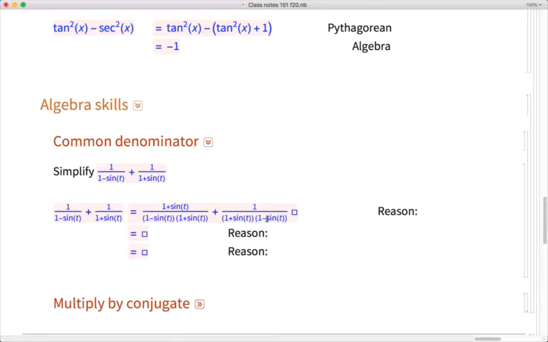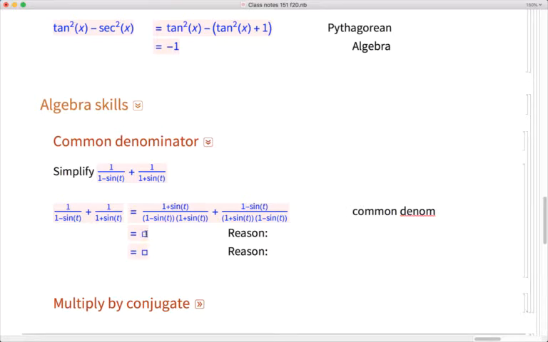Right, top and bottom. And this is the common denominator. Okay, so the denominators are equal, so now I can add the numerators together. So when I add the numerators together, I get 1 plus 1 and sine t minus sine t.